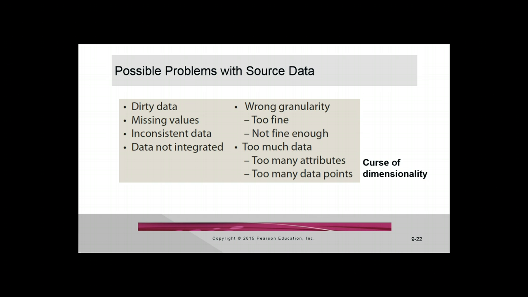Someone came in and bought this and this and this, millions and millions of records. Is that useful to me for that decision? It's not. It's too much detail. It's too fine. It hasn't been grouped.